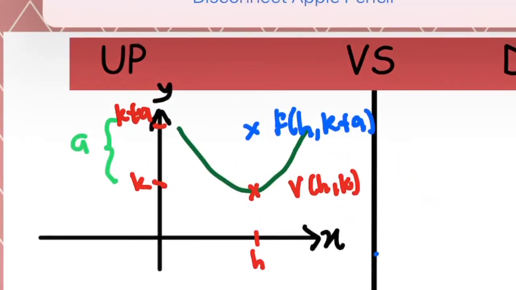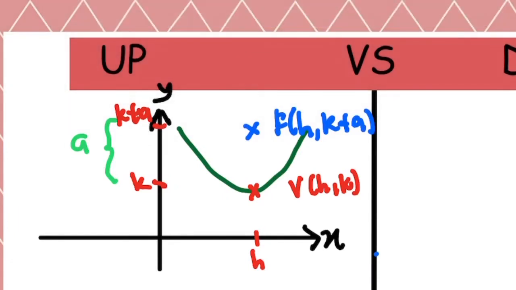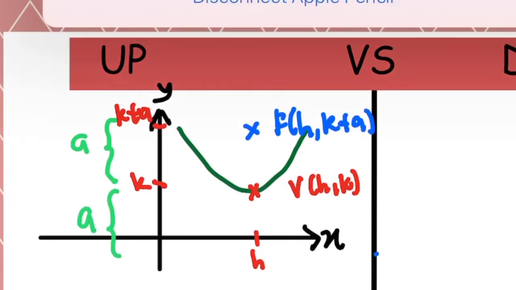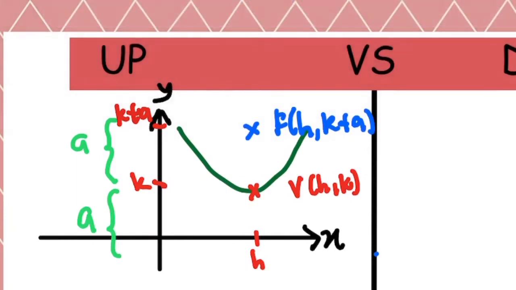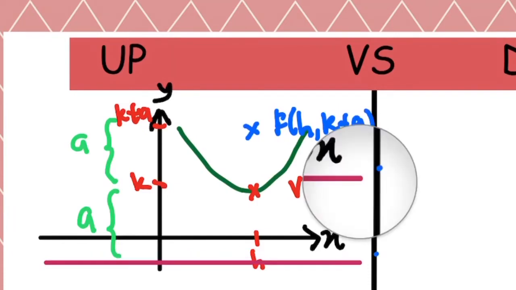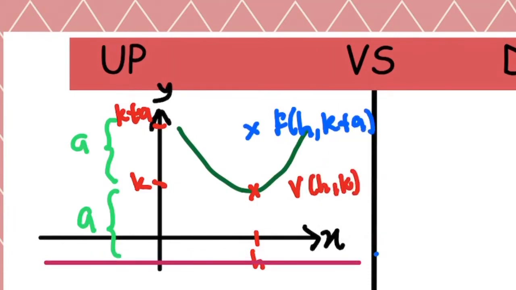Other than your focus, another term that you need to be careful of is the directrix. What is a directrix? Directrix is a backbone. You can just remind it as a backbone. So let me draw your backbone here.